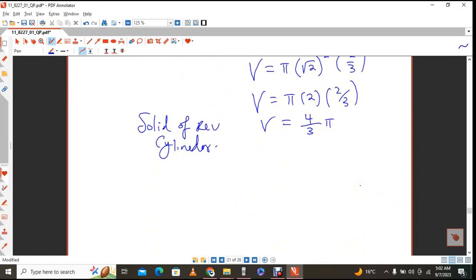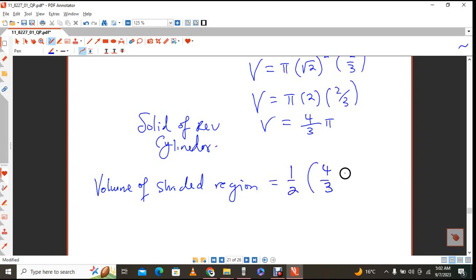So the volume of the shaded region would be whatever the volume of the cylinder is, divided by 2. This gives me 2/3 pi. Can you see that?